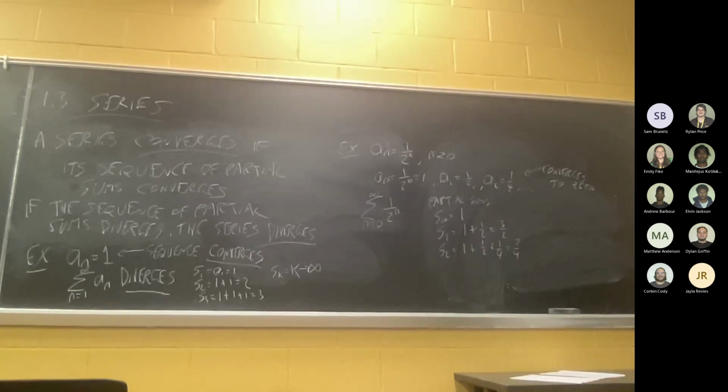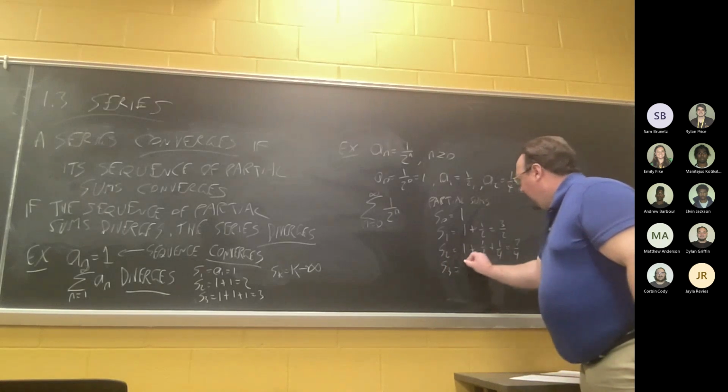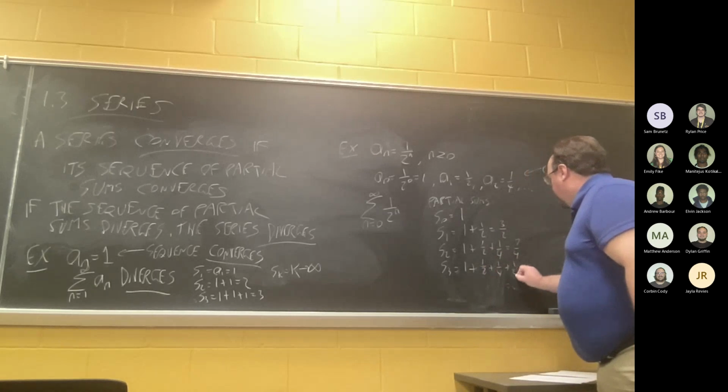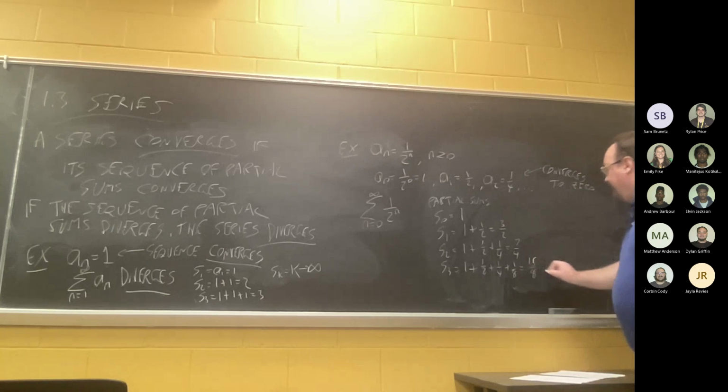And we'll keep going. At this point, you can't really be sure whether this is going to converge to a number. Let's do one more, this will be 15 over 8.